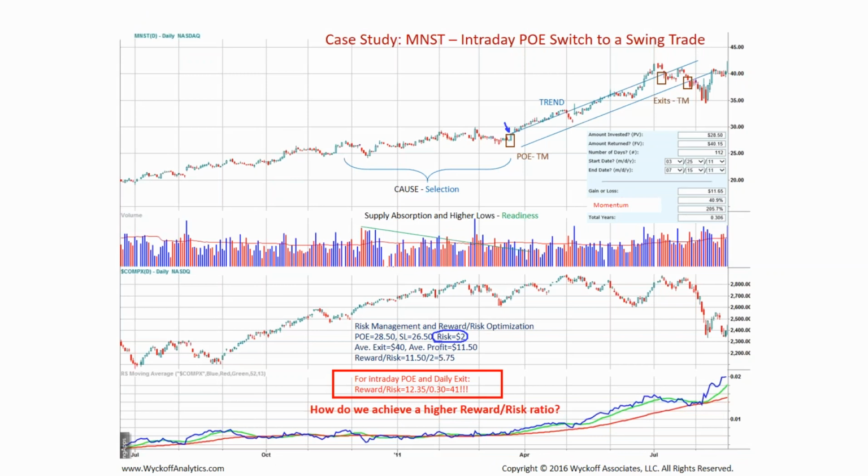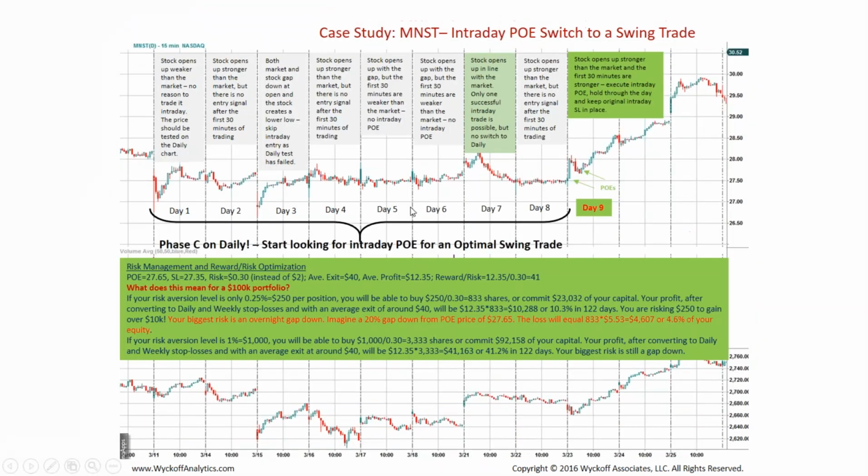So what would we do with the intraday position here? What kind of risk are we going to have? Only 30 cents, just because we are trading on a smaller time frame. If our entry is right here, our stop loss is here, instead of the entry here on the daily and the stop loss here on the daily.